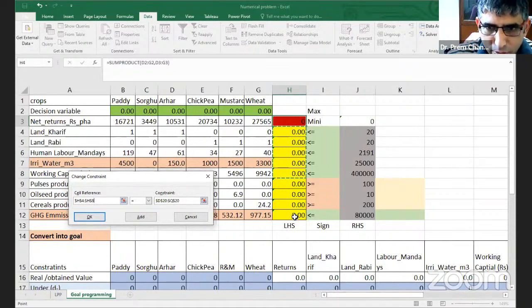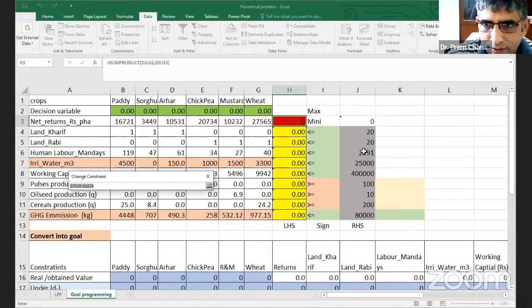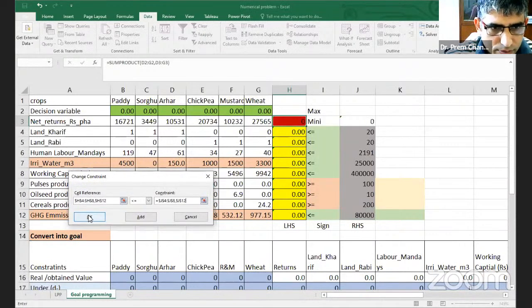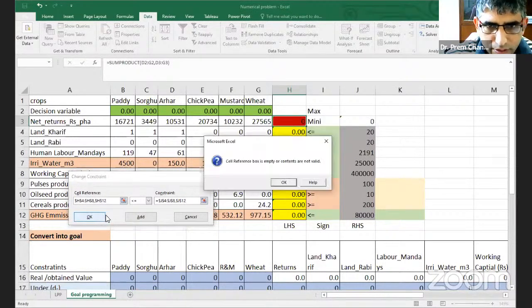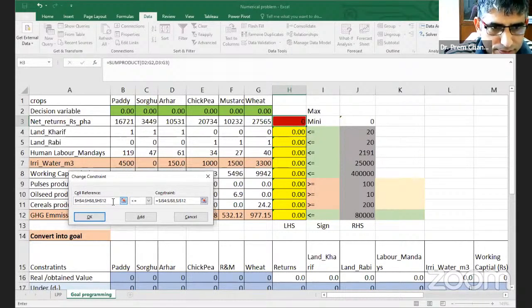And then I will also select this one to be less than or equal to this row. I think it will work. Okay, no, it won't. I have to take them separately.